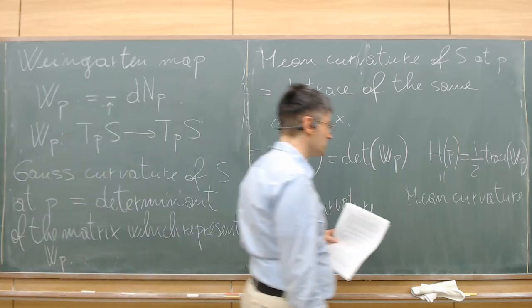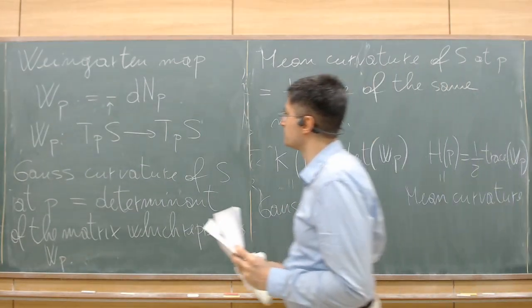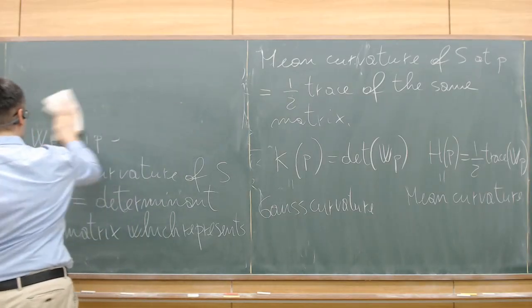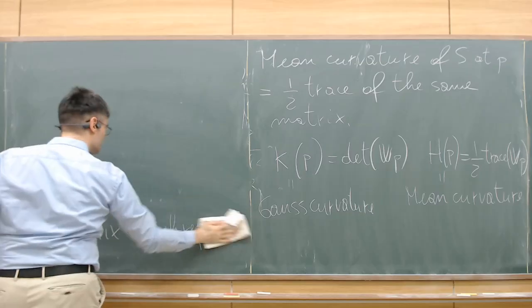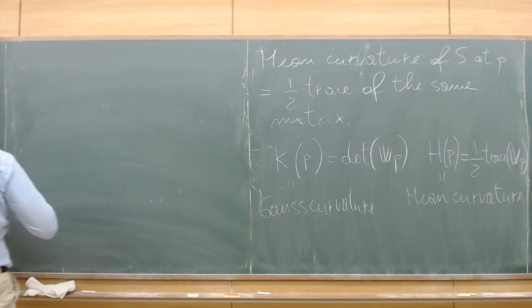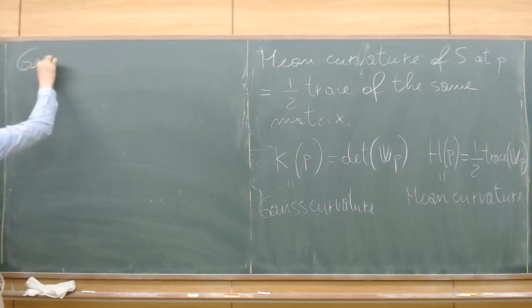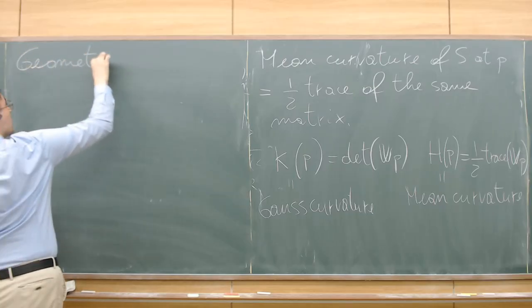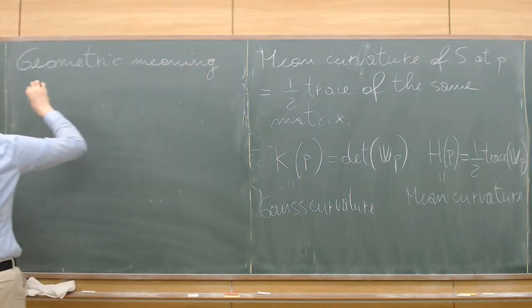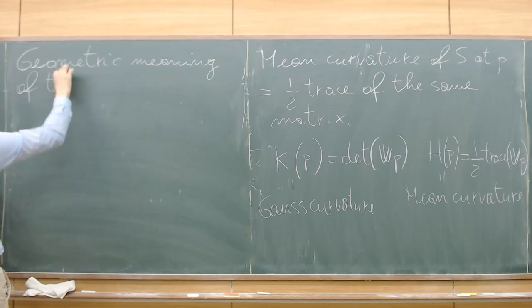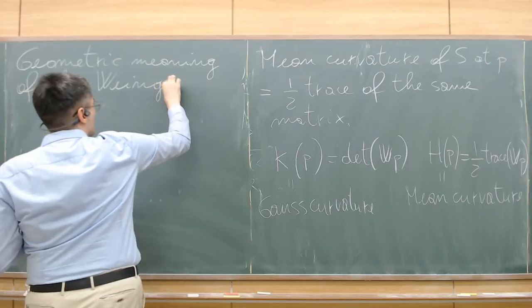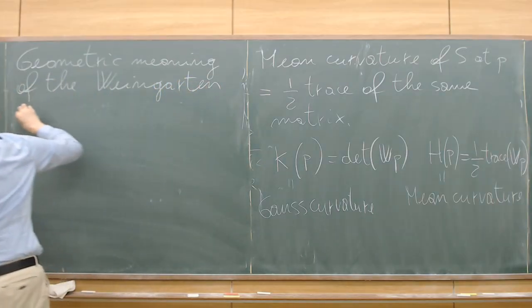For the moment, let's try to see what is the geometric meaning of the Weingarten map.